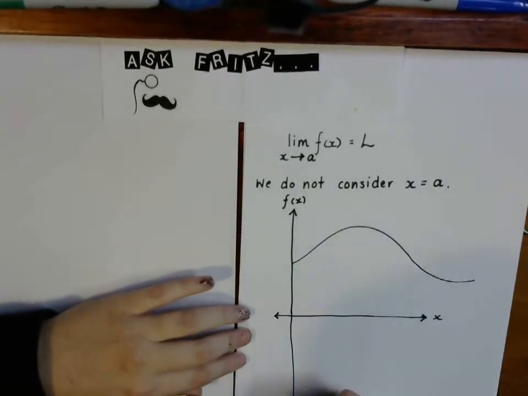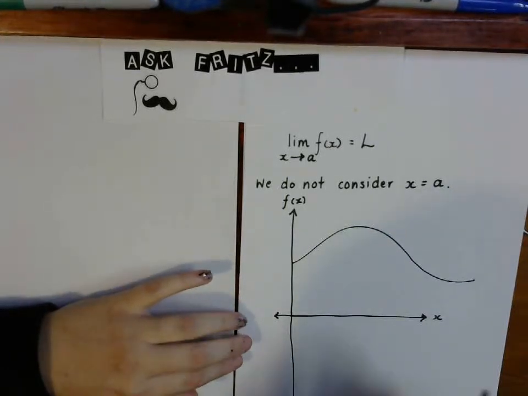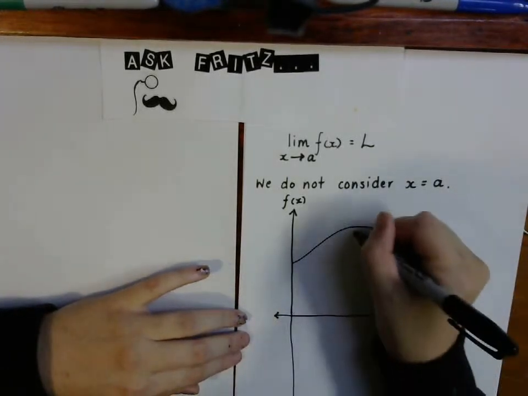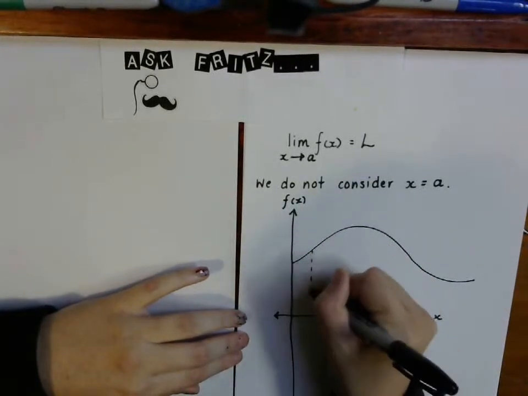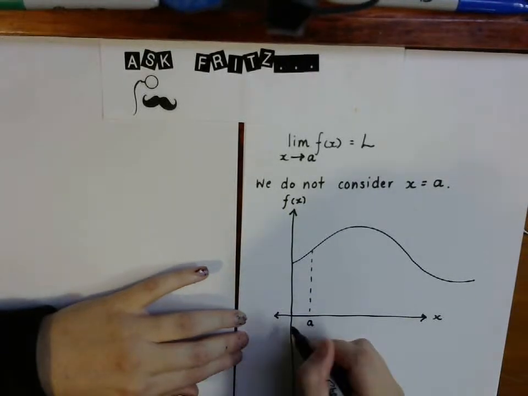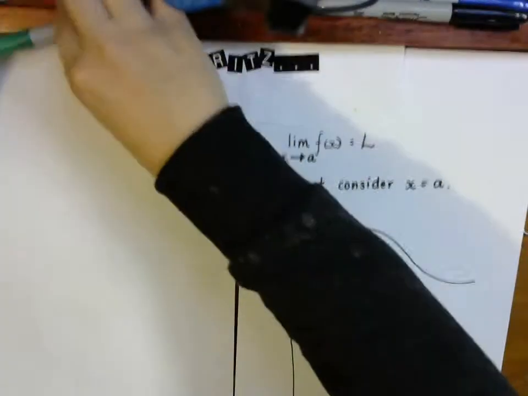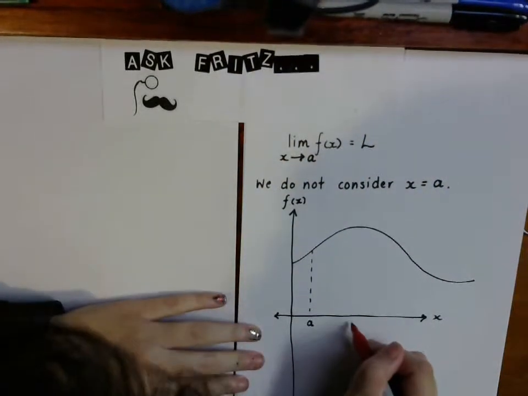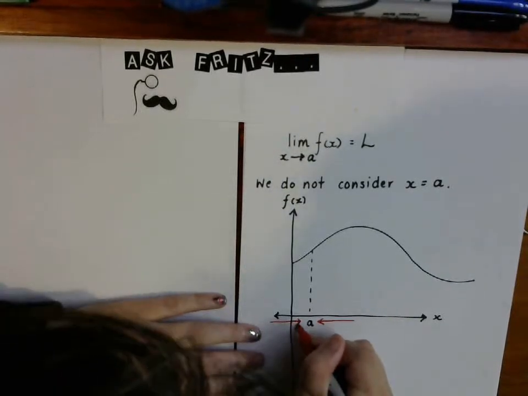Obviously it goes in the negative direction both ways as well. But let's just look at it here. Now, let's put the value a here, and we are looking at the behaviour of the function as it tends towards a, not at a.